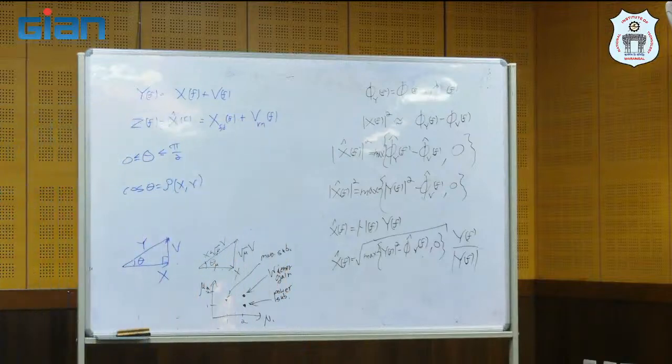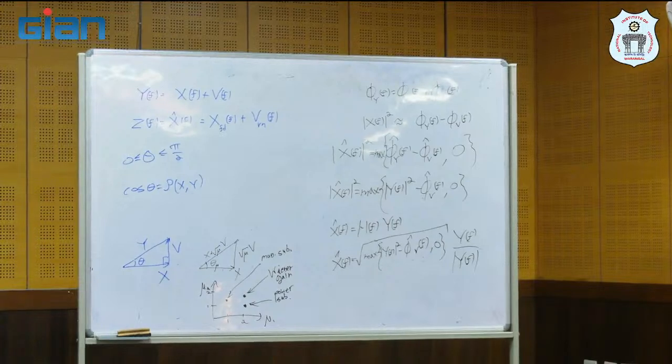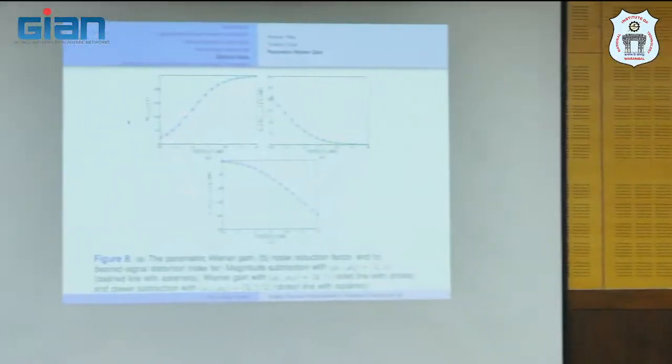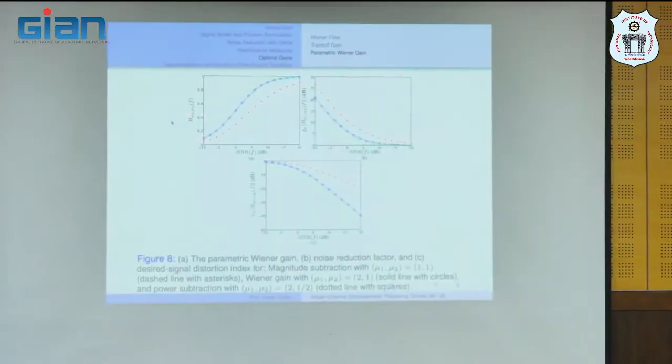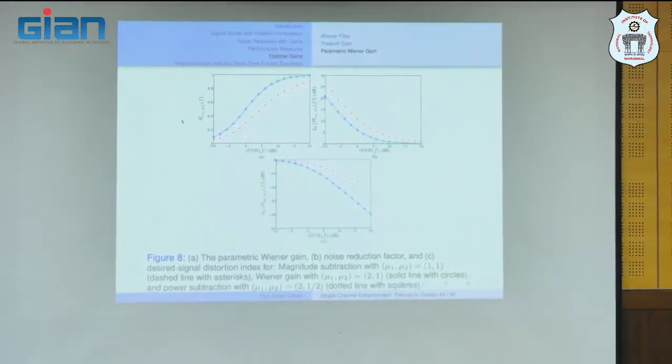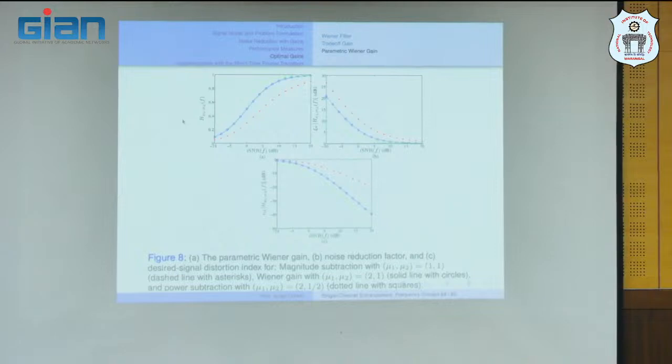So if I go to the example here, one of the examples before, and I compare the red, blue, and green H. I tell you, one of them is the Wiener, one of them the magnitude, and one of them the power.